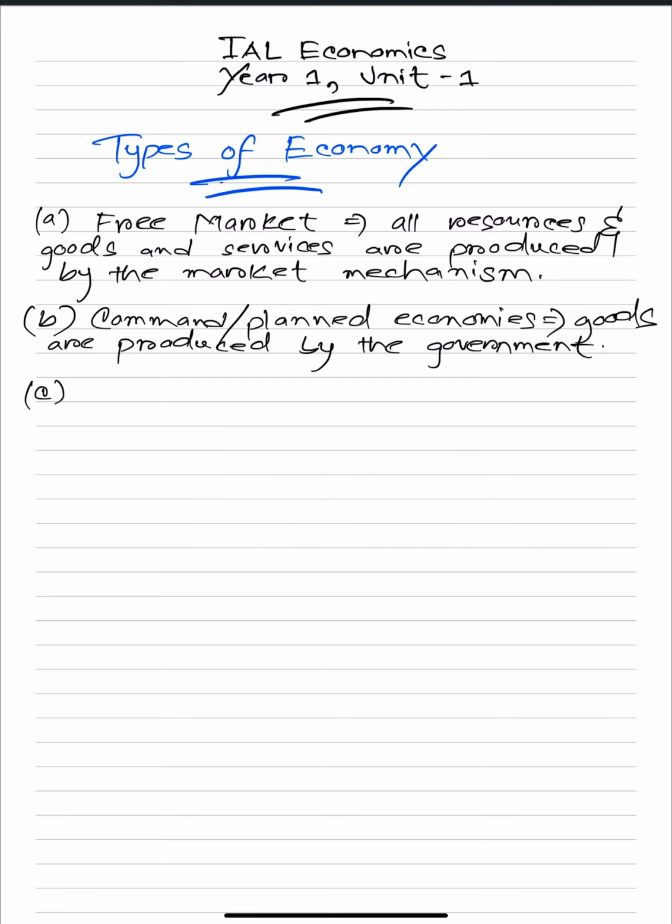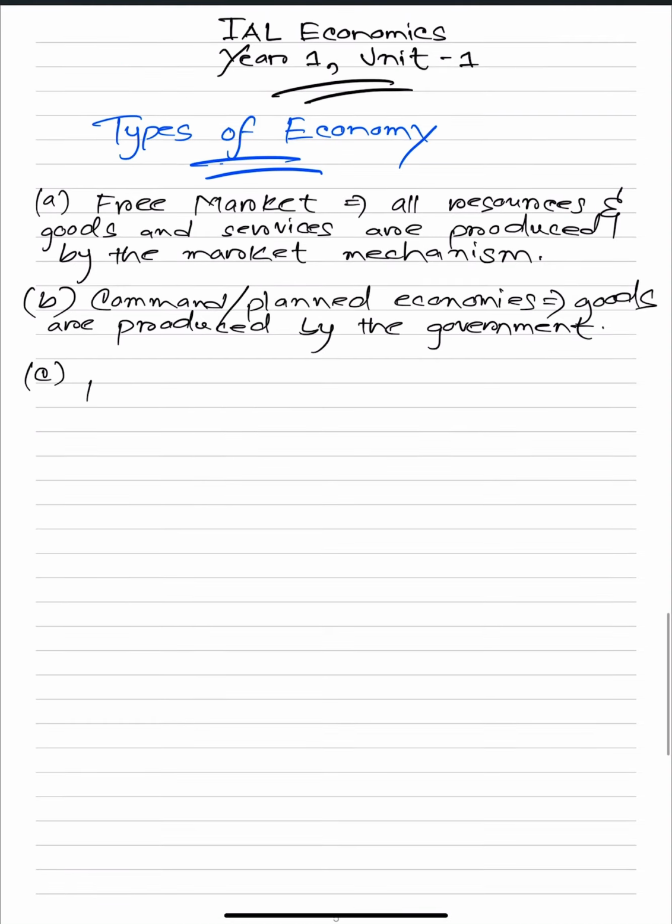And lastly, we have a mix of both, which is our mixed economies. As the name suggests, and as you already know, mixed economies consist of both public sector and private sector.